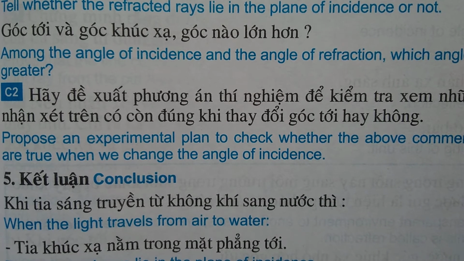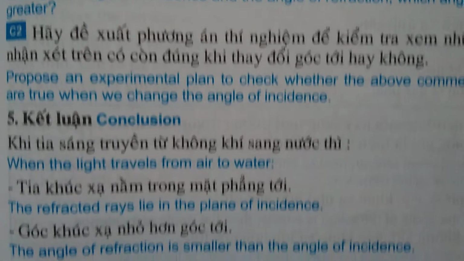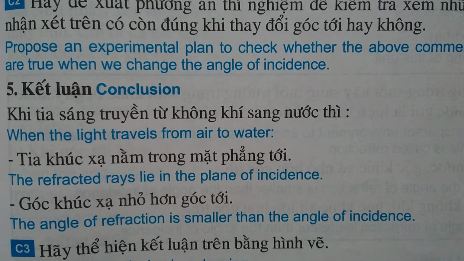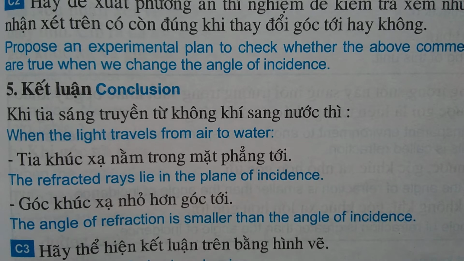Conclusion. When the light travels from air to water, the refracted rays lie in the plane of incidence. The angle of refraction is smaller than the angle of incidence.